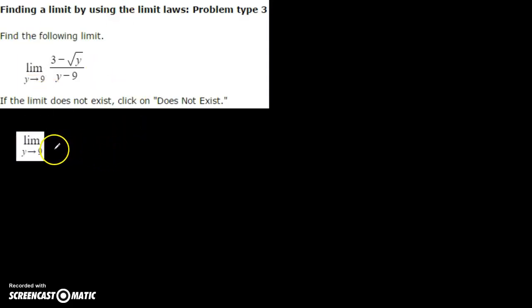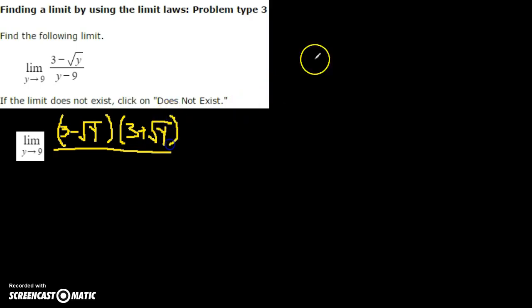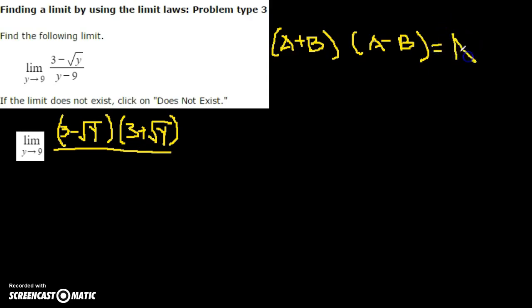My numerator, I'm going to multiply it by itself, but with a different sign. And you guys will see what happens. So 3 minus square root of y, I'm going to multiply that by 3 plus square root of y. Again, what I'm doing here is a plus b, a minus b, that is a squared minus b squared.